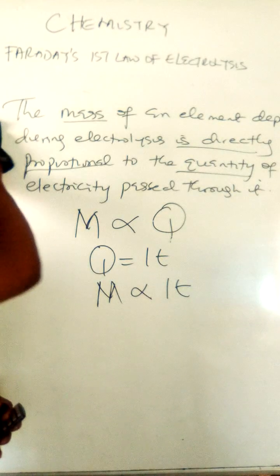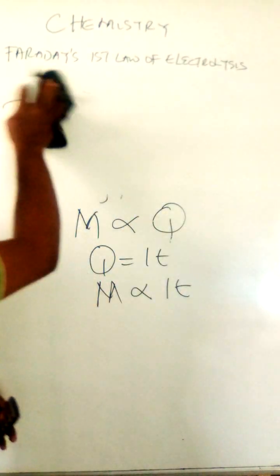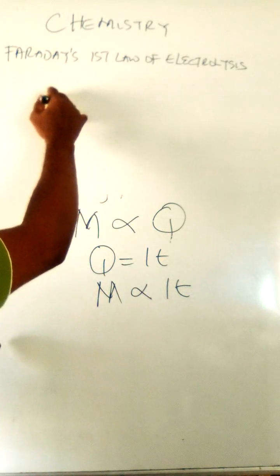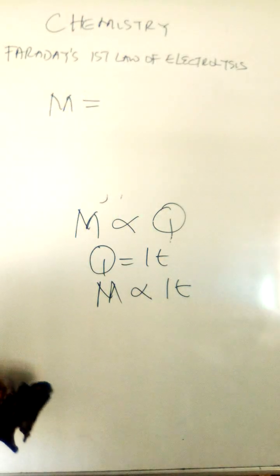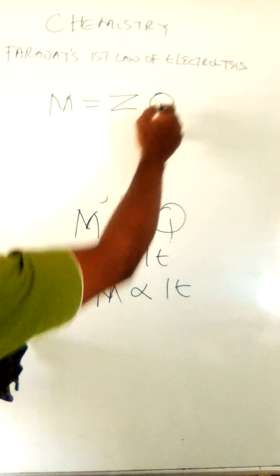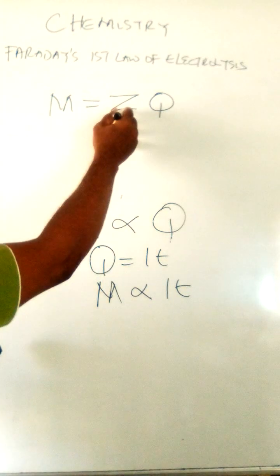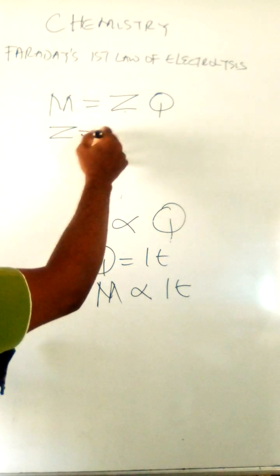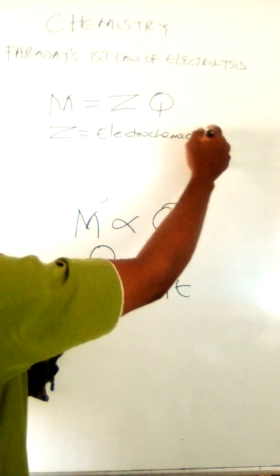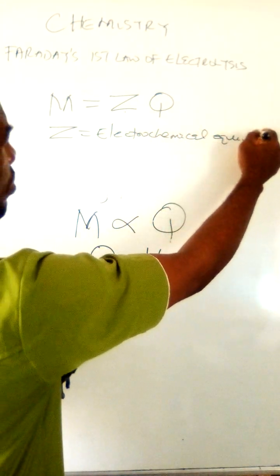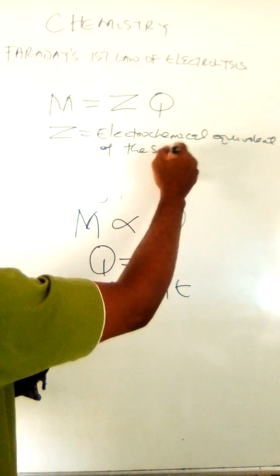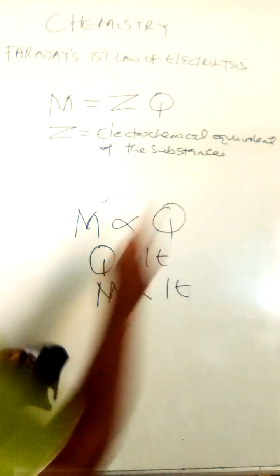Okay? Having done that, we can turn this expression into an equation by introducing an equality sign and a constant, which you can call Z. The constant Z is known as the electrochemical equivalent of the substance deposited during electrolysis.